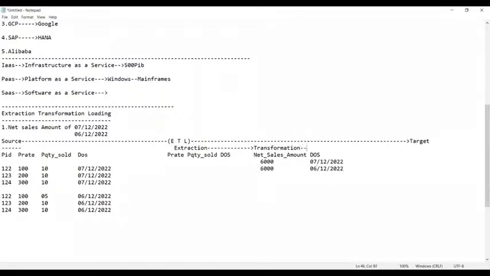Once the transformation is done, finally we load the data into the target system, whatever we have.